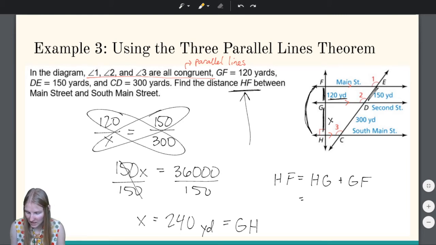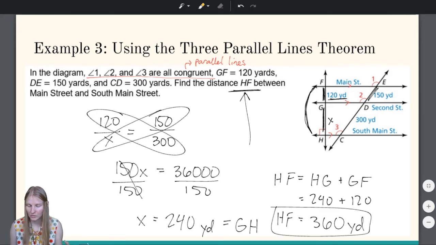We have HG is x, x is 240, 240 yards plus 120 yards, which is 360 yards. So HF is 360 yards between Main Street and South Main Street.